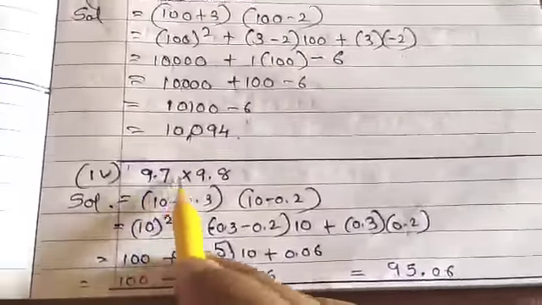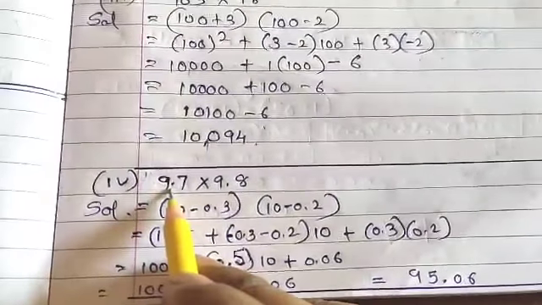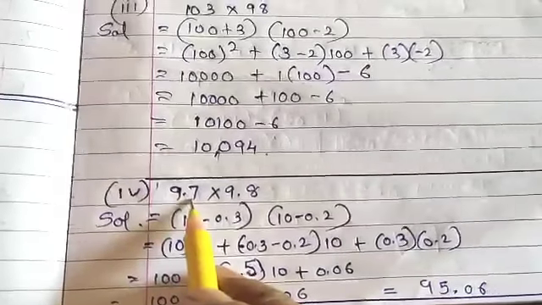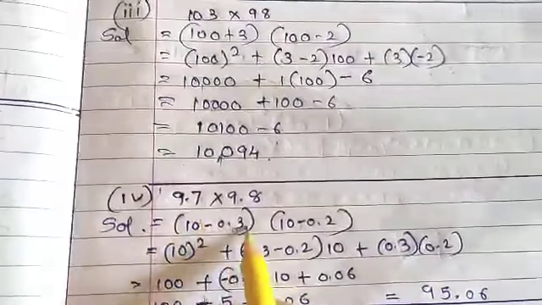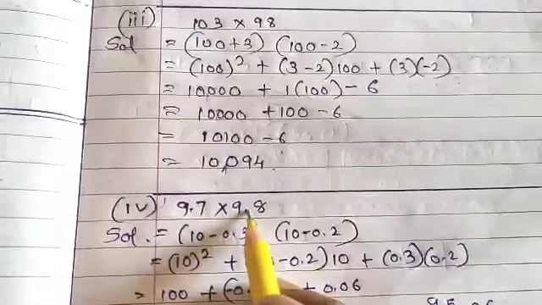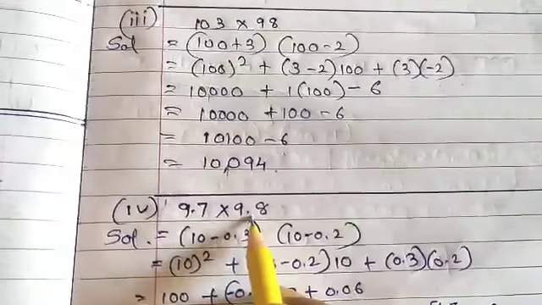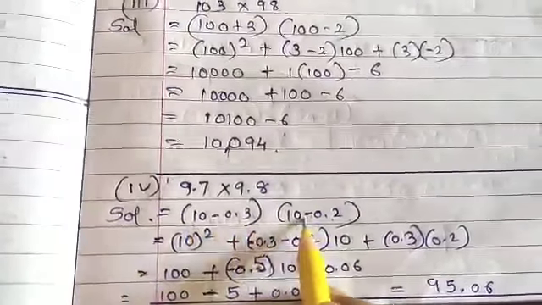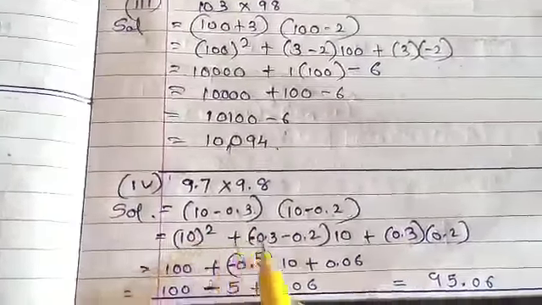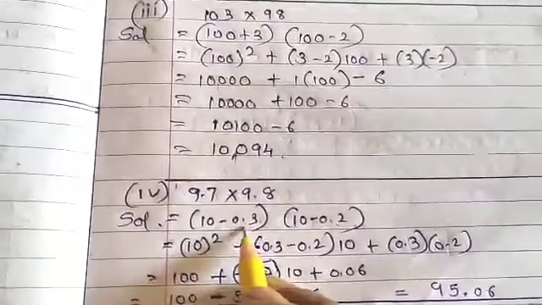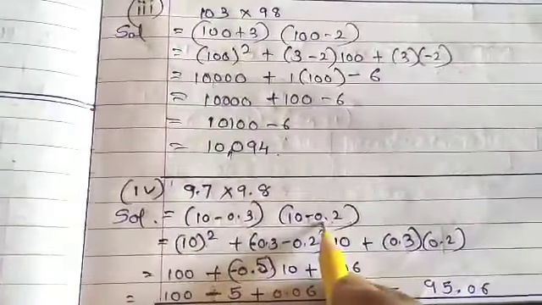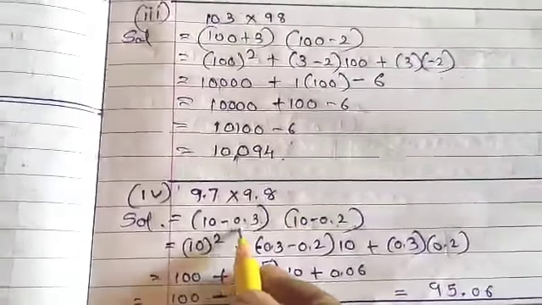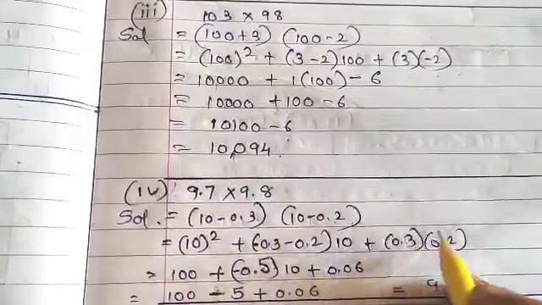Now the next sum is 9.7 into 9.8. Here the nearest value to 9.7 is 10 only, so 10 minus 0.3, and here also the nearest value is 10 only, so 10 minus 0.2, you will get 9.8. Now the common term in both the expressions is 10, so make a square of 10, plus sum of negative 0.3 and negative 0.2 into 10, plus multiple of negative 0.3 into negative 0.2.